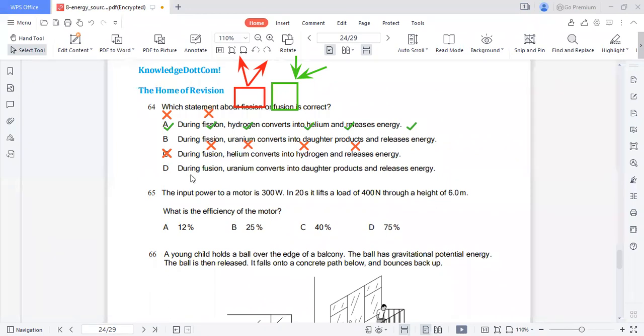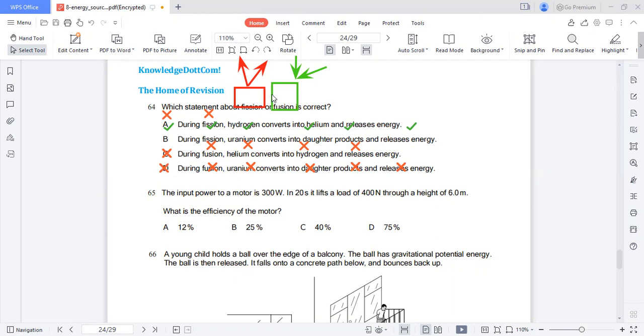Now D: during fusion, uranium converts into daughter nuclei. Fusion means two small nuclei combine to form a heavy nucleus. Uranium is already a heavy nucleus. Converting into daughter nuclei means breaking. Fusion means two nuclei give a heavy nucleus, not daughter nuclei. So this statement is also incorrect.